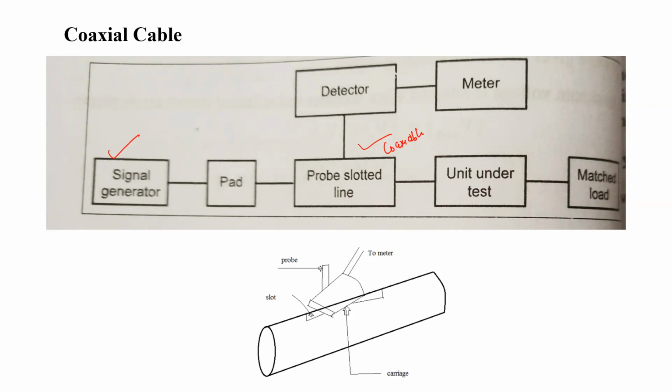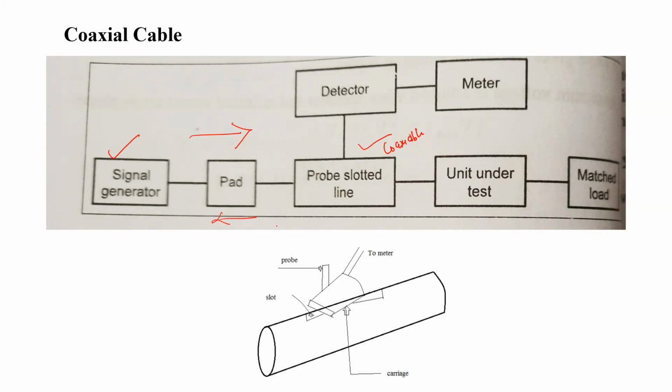Now, in between the signal generator and the coaxial cable, we have to ensure that the signal is transmitted only in one direction, from the source to the cable, and there should not be any reflected signal back from the probe towards the source.